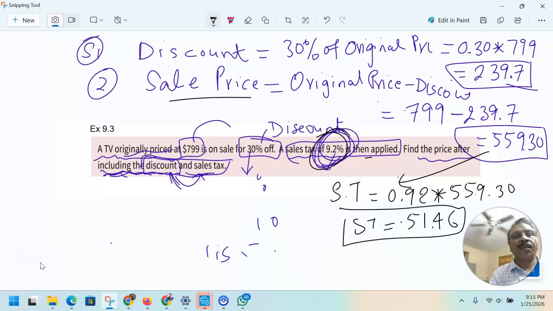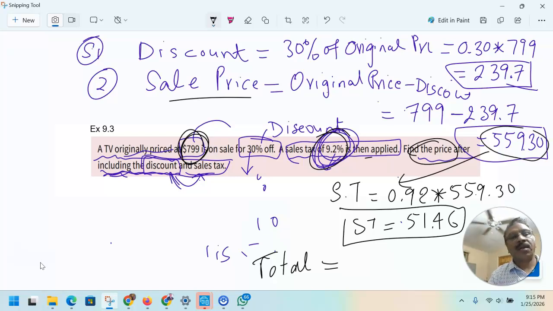Now the final price, the total price, after discounts and the tax. The total amount that you are supposed to pay: this was the original, but because of the discount, this was your sale price. So it is the sale price plus the sales tax, right?